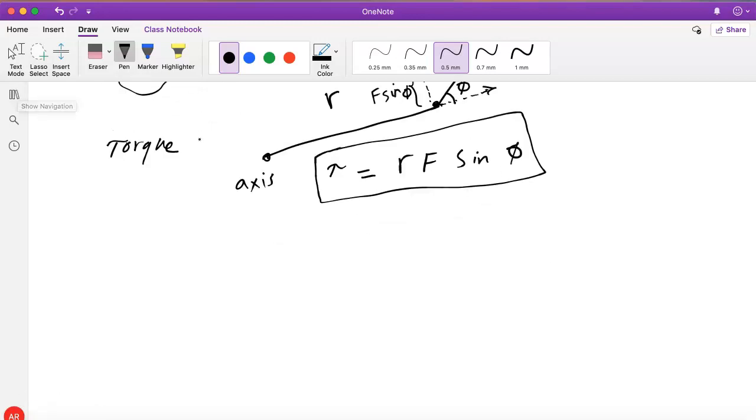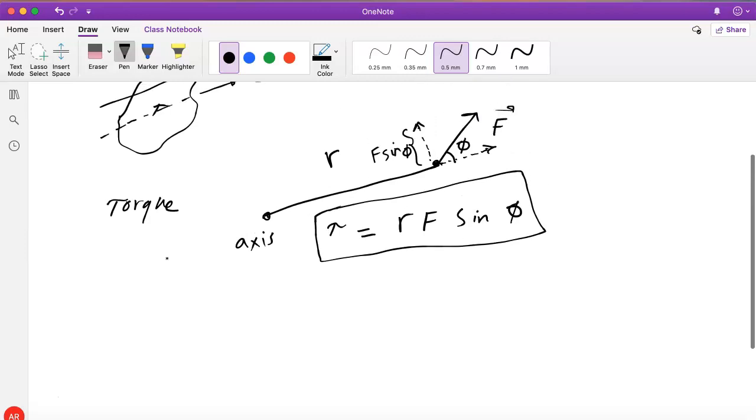So let's keep going with this. First, a force can cause rotation that's counterclockwise or a rotation that's clockwise. And again, similar to angles and angular velocity and angular acceleration, we picked a convention that the counterclockwise direction is positive and clockwise direction is negative.